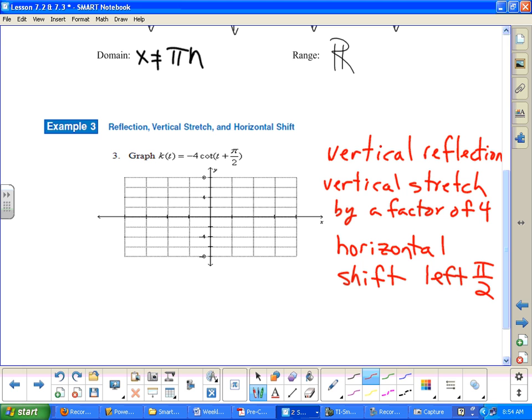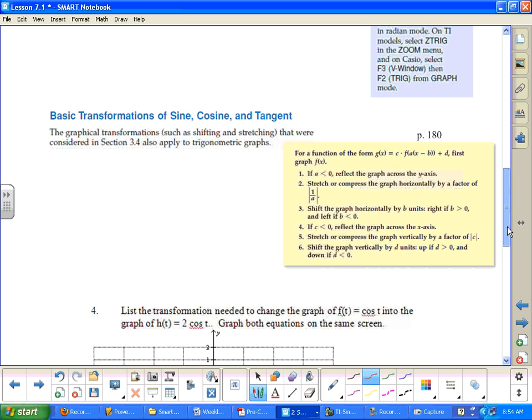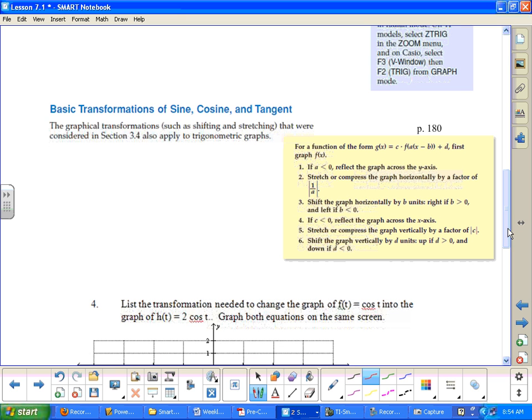Remember, all that stuff comes from our general formula, which I think we looked at back here. Yep, back here again.